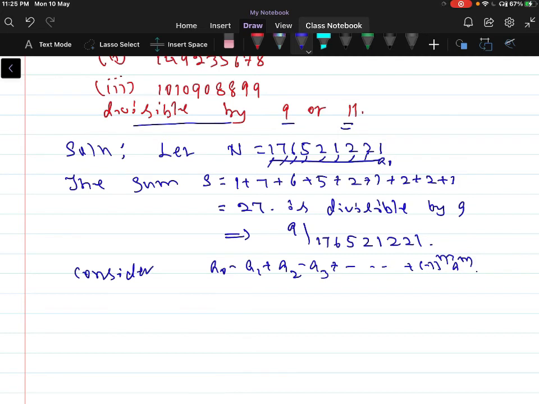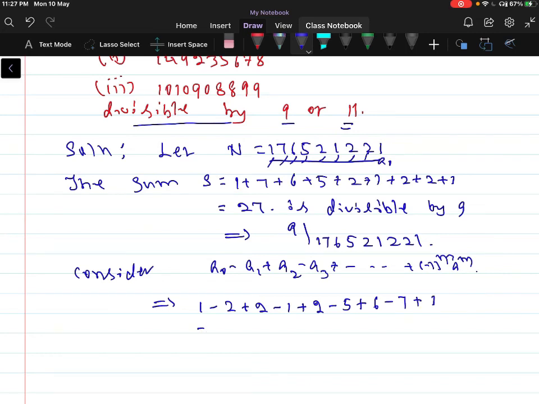So this implies a0 is 1 minus a1 is 2 plus a2 is 2 minus a3 is 1 plus a4 is 2 minus a5 is 5 plus a6 is 6 minus a7 is 7 plus a8 is 1.